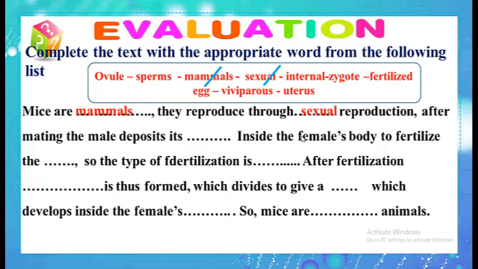After mating, the male deposits its sperms inside the female's body to fertilize the ovule. So the type of fertilization now is internal. After fertilization, the fertilized egg is thus formed, which divides to give a zygote, which develops inside the female's uterus. So mice are viviparous animals.